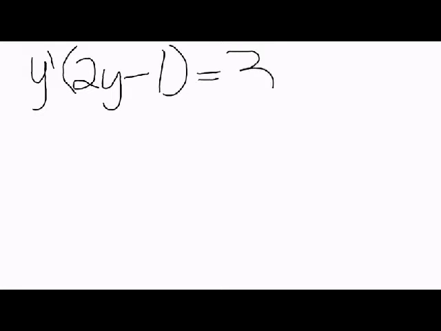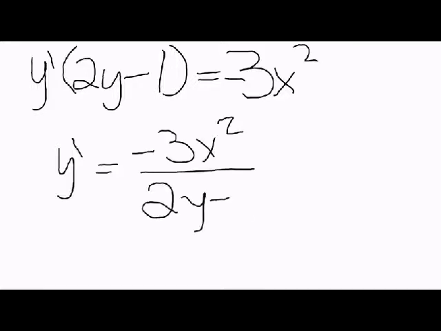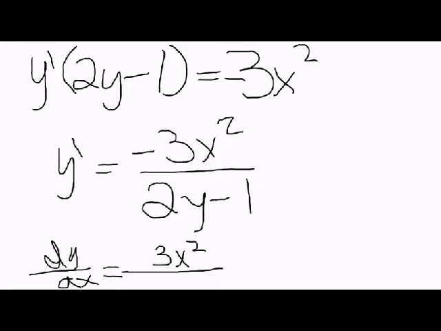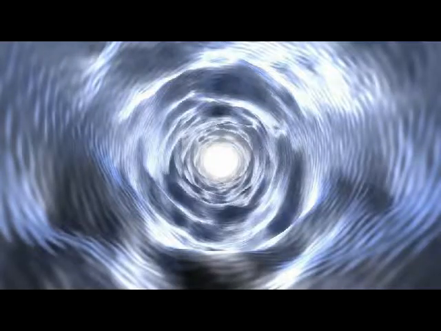When we go through all the calculations, the result of the first derivative is equal to negative 3x squared over the quantity of 2y minus 1, or if we take a negative out, we get 3x squared over the quantity of 1 minus 2y. Now, this is only the first derivative.